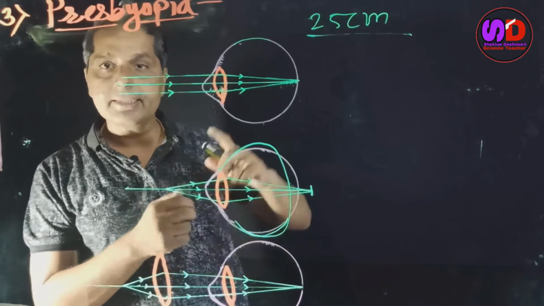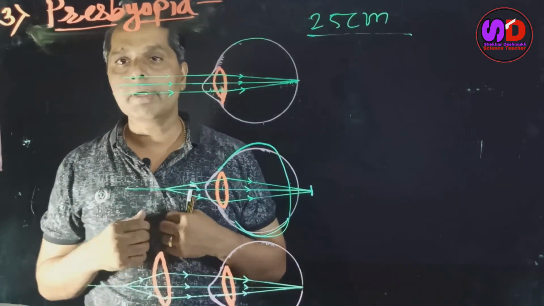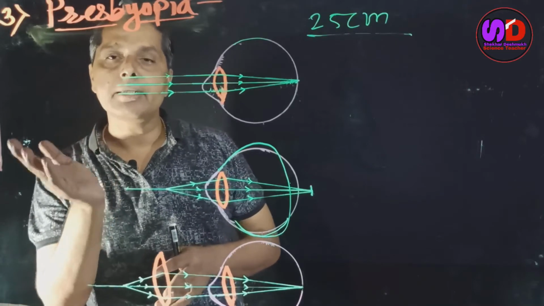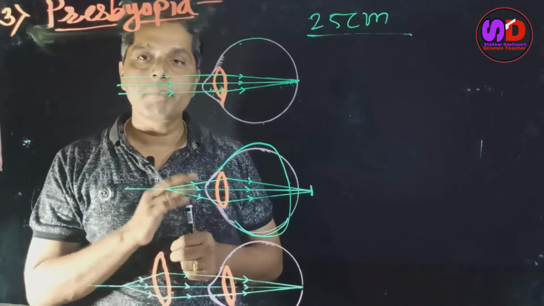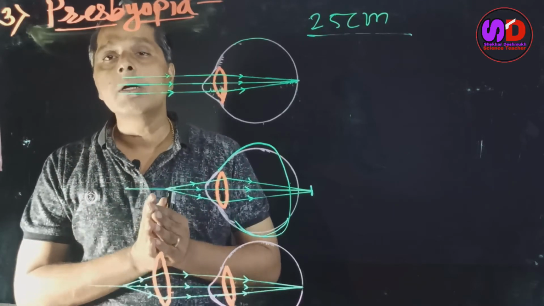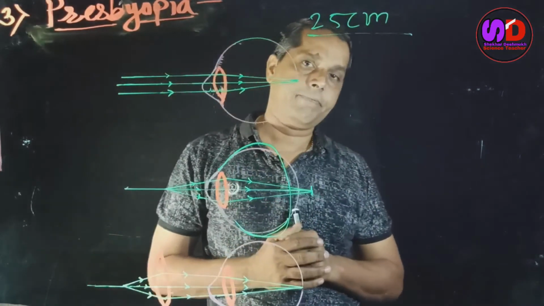The person can see distant objects but is unable to see nearby objects, and that is nothing but hypermetropia. Therefore I say presbyopia is nothing but hypermetropia, but this defect is due to old age, and therefore it is also called old age hypermetropia.